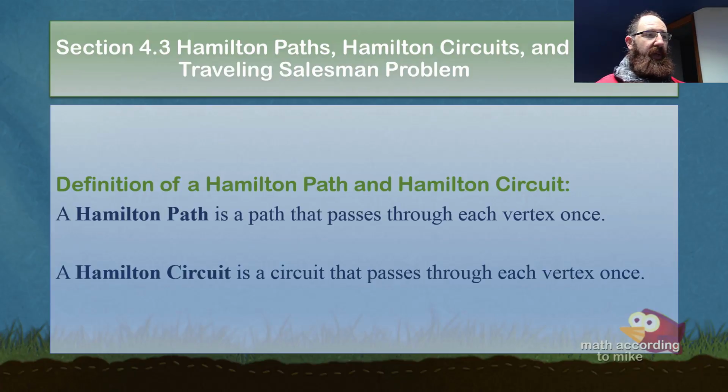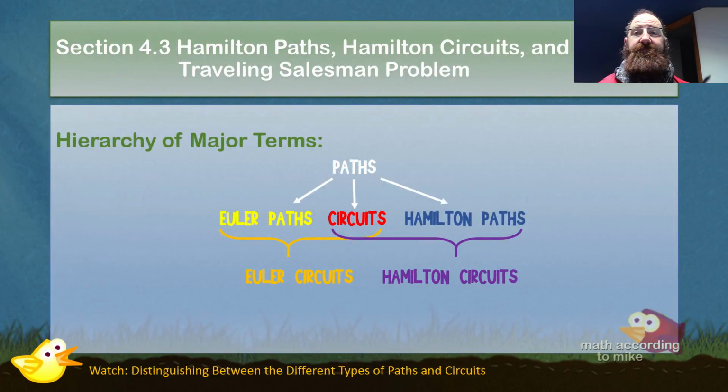Okay, now that we have these two down, let's talk about the big definitions so far in this chapter. So everything was a path, and then a path where you start and end at the same place is a circuit. And a path where you use all the edges is an Euler path.